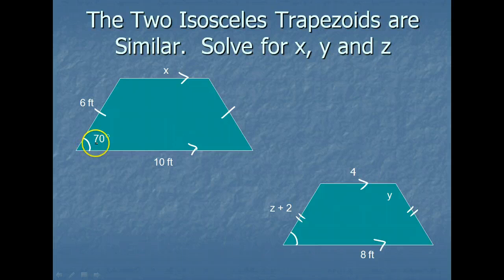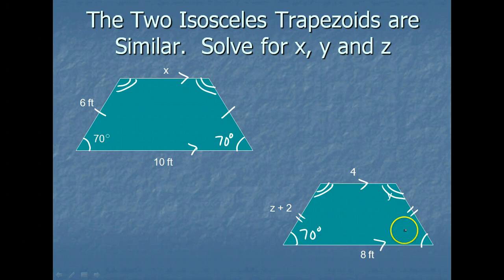And since this is an isosceles trapezoid, the base angles will be congruent to each other, which means that this angle will be congruent to this angle. And since the isosceles trapezoids are similar, these 2 angles will be congruent. So if this angle is 70 degrees, this angle has to be 70, which means that these 2 are both 70.